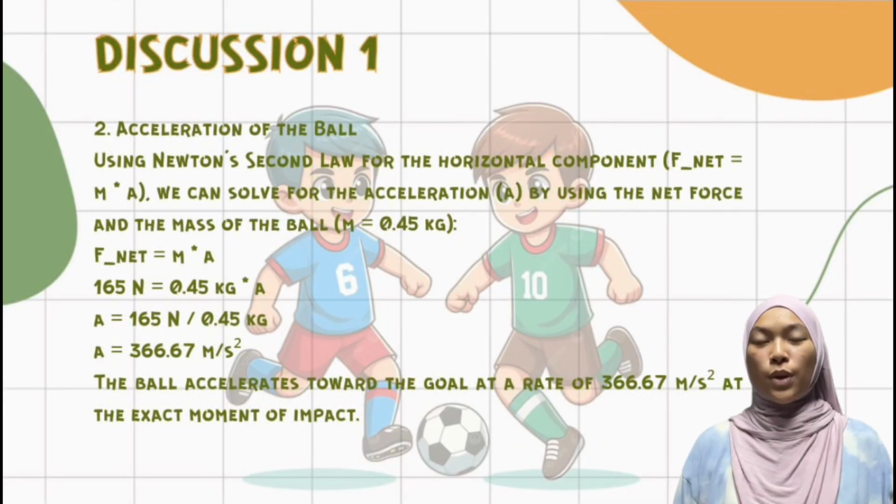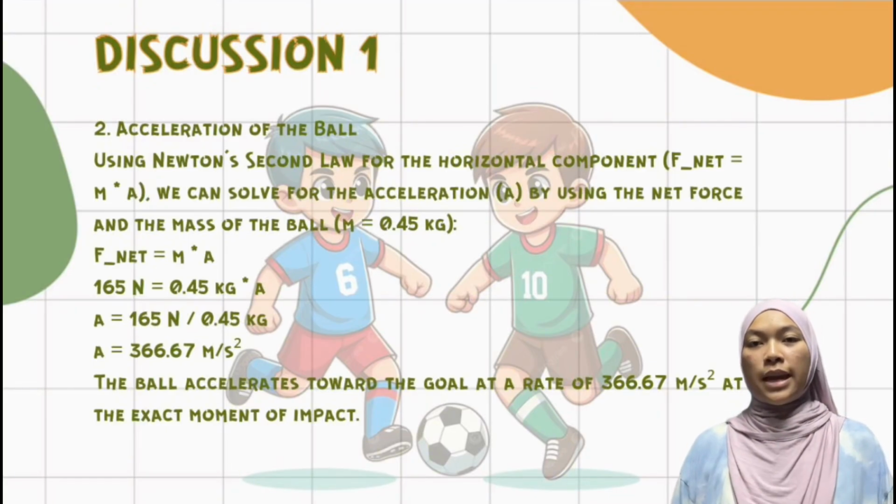Discussion 1.2. Acceleration of the ball using Newton's second law for the horizontal component. Fnet equals ma. We can solve for the acceleration a by using the net force and the mass of the ball, m equals 0.45 kg.